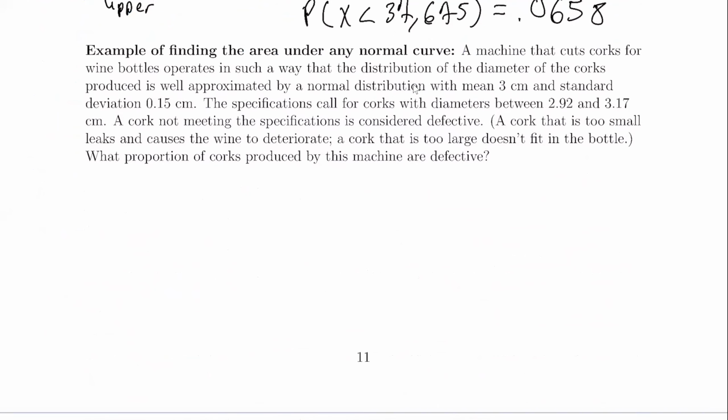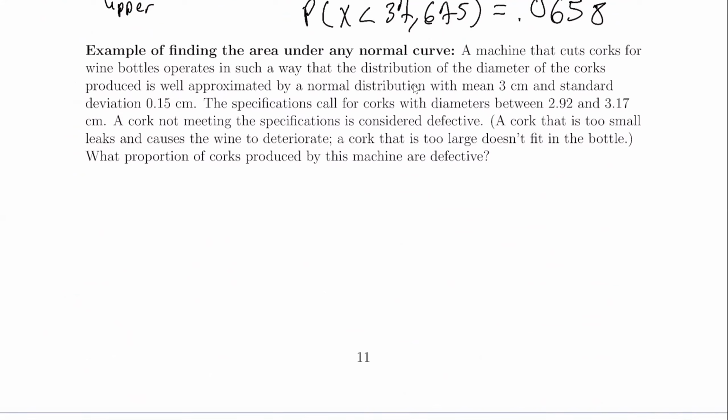All right, so the next one is an example of finding the area under any normal curve. It says a machine that cuts cork for wine bottles operates in such a way that the distribution of the diameter of the cork produced is well approximated by a normal distribution, with a mean of 3 centimeters and a standard deviation of 0.15 centimeter.